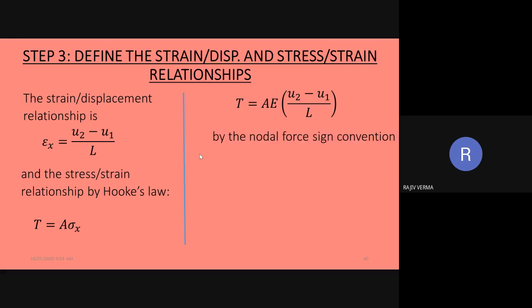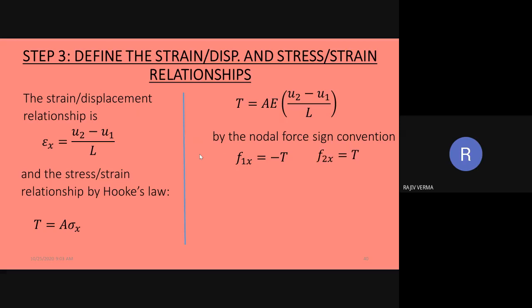And using the sign convention which we have just seen in the previous slide, you notice that the force acting at node 1 is equal to minus T, where T happens to be the tension.